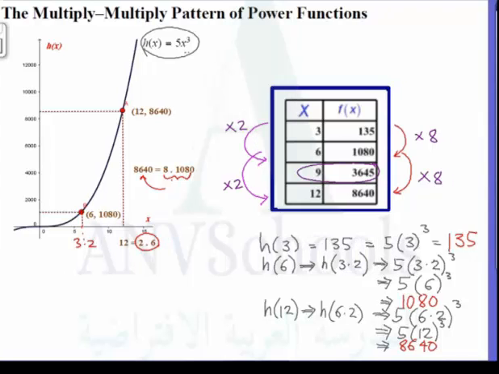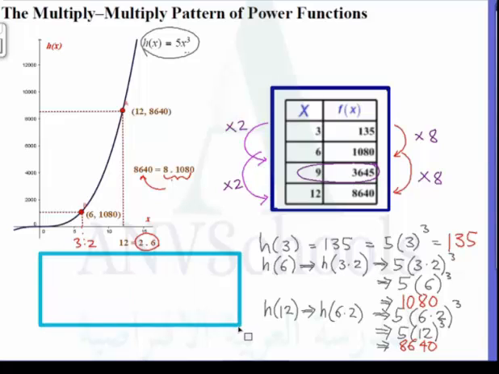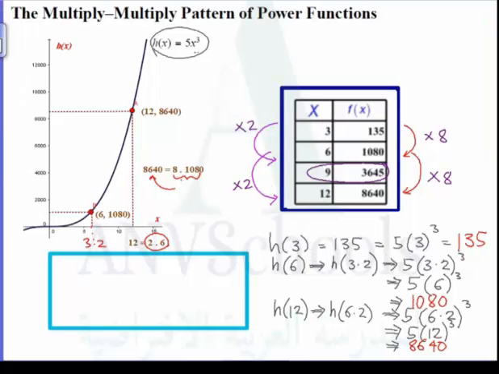Therefore, we generalize that when you see a multiply, multiply pattern, this belongs exclusively to the power functions. So multiply, multiply, this belongs to power functions.